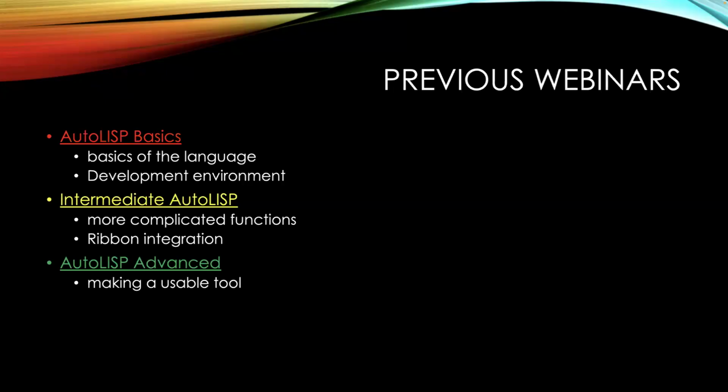And we are approaching it from an angle of maximum utility. But is it required to watch these other webinars to understand this one? No, I really tried to structure this so you don't necessarily need to have seen those first, but they're still definitely recommended if you're doing this AutoLISP journey.